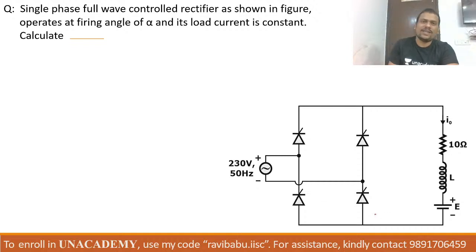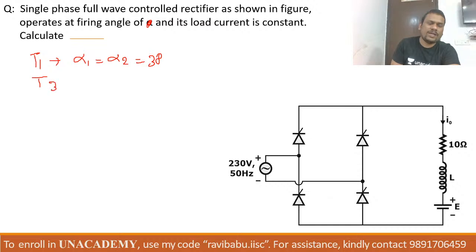Now I want to tell you the firing angle of SCR alpha 1, T1. Alpha 1 is 30 degree and alpha 2 is also 30 degree.